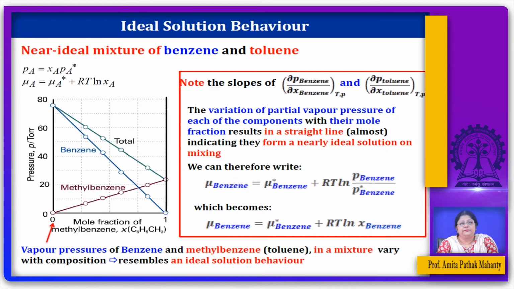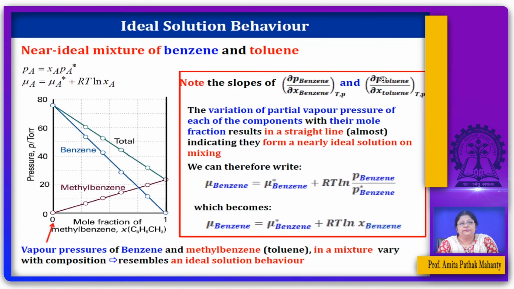Okay. So if you want to see the slope, what is the slope of the pressure of benzene versus the composition of benzene? That will be equal to the vapor pressure of pure A, or pure benzene.